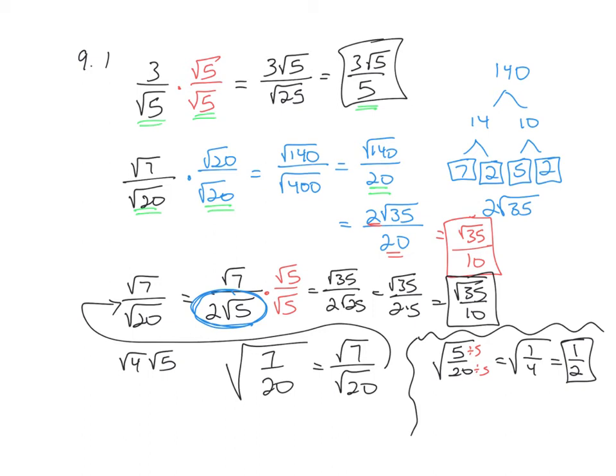This stuff, where it's just multiply top and bottom by whatever the square root is. You'll have 9 problems like this.